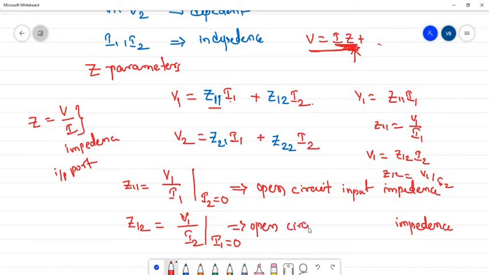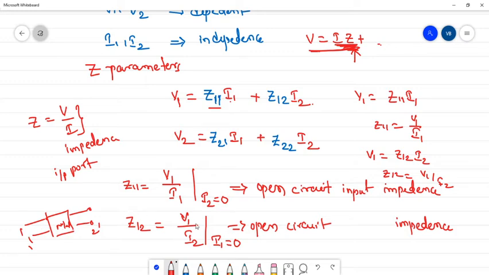Open circuit V by I. Here the first port is at the numerator and the second port is at the denominator. We are flowing from input to output. Input to output means forward direction. This is a network having one input port, and these are the output ports.